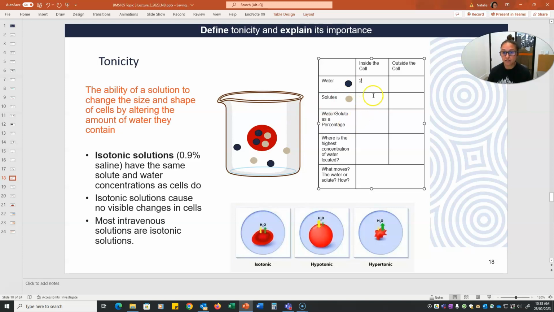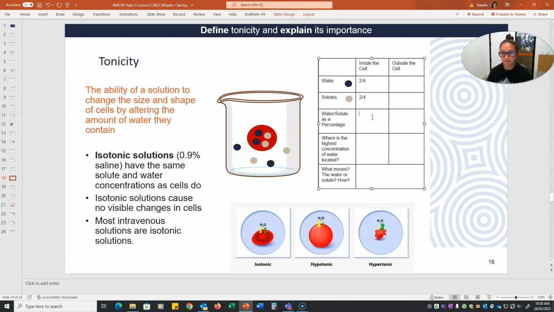And how many solutes? I can see I've got 2. So we've got 2 out of 4 water molecules, and 2 out of 4 solute molecules.